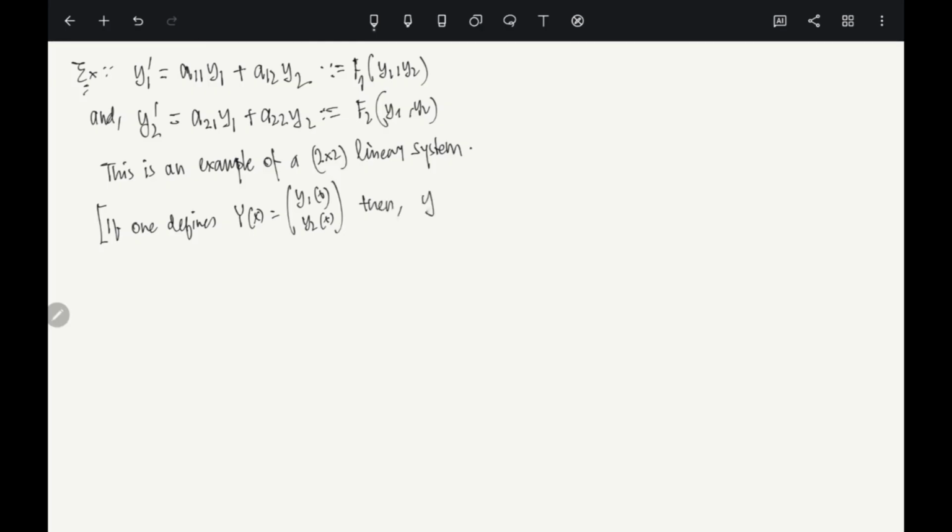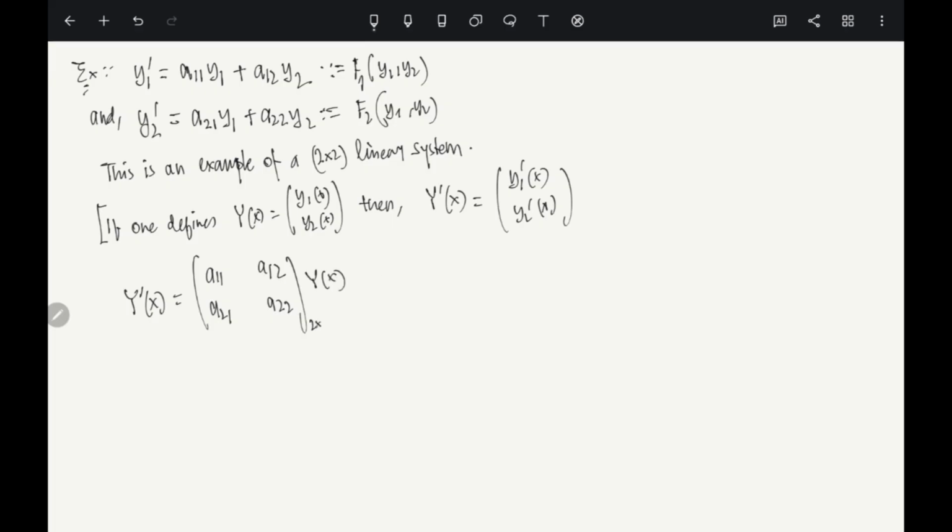We have already seen what capital Y of x is. Capital Y prime of x is nothing but y1 prime of x and y2 prime of x. That implies you are looking at this equation: Y prime of x is nothing but the matrix a11, a12, a21, a22 times Y of x.